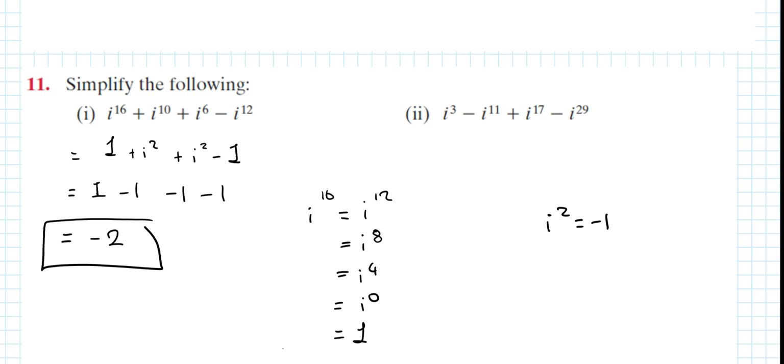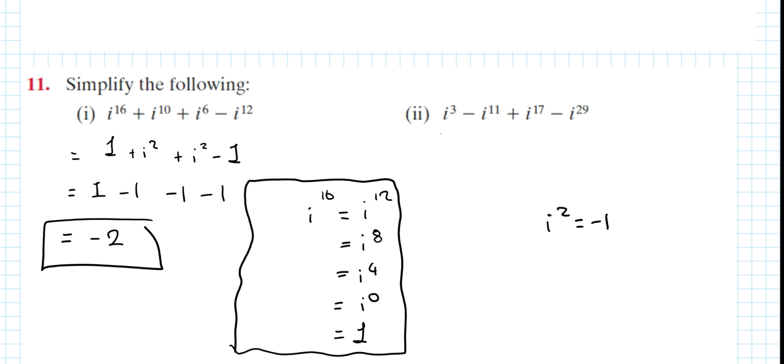Similarly over here then, we're going to have an answer with square roots, I think, because i to the power of 3 is minus the square root of minus 1. Here, i to the power of 11, I can put it as i squared times i.